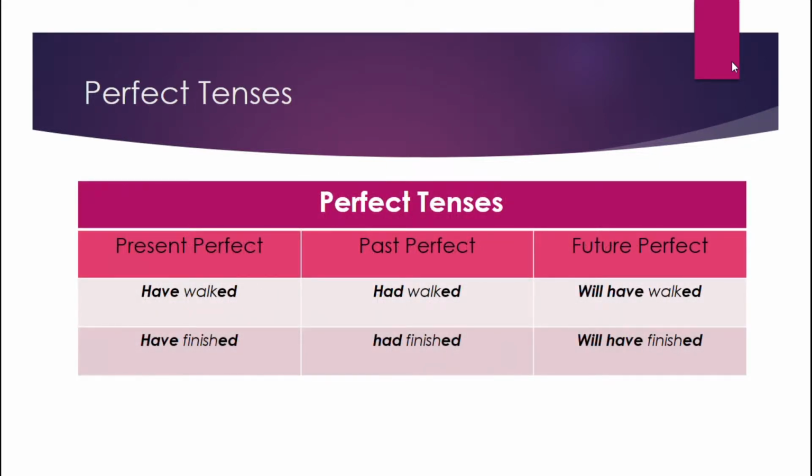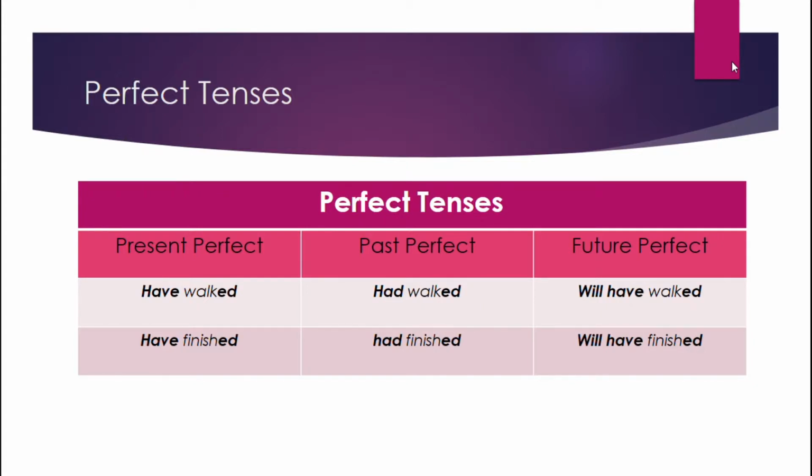To further elaborate, here's a chart to show the perfect tenses in three different types. It can be either in the present, past, or even the future. Observe the present tense. The example given is have walked. Another one is have finished. Since it's the present tense, it retained have plus the past participle of the verb.